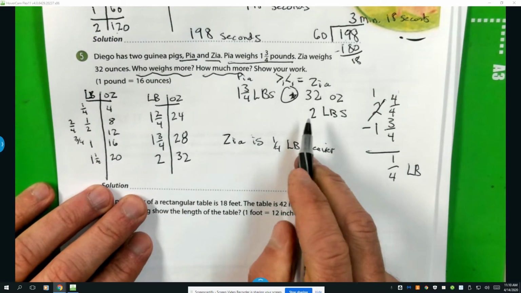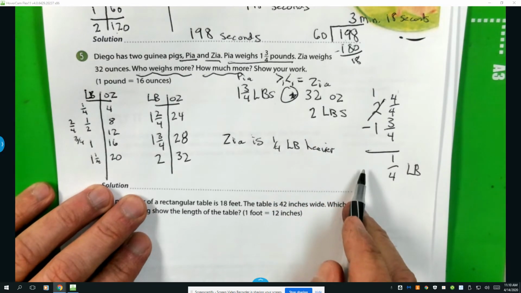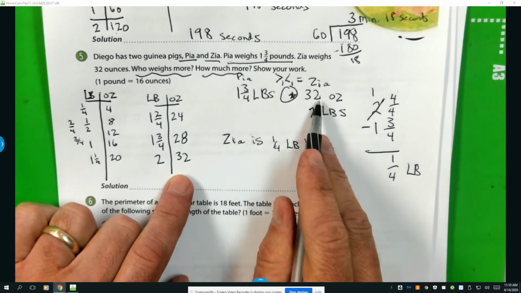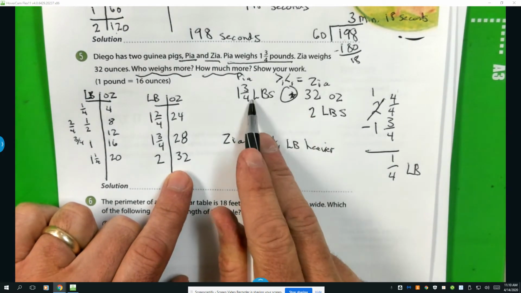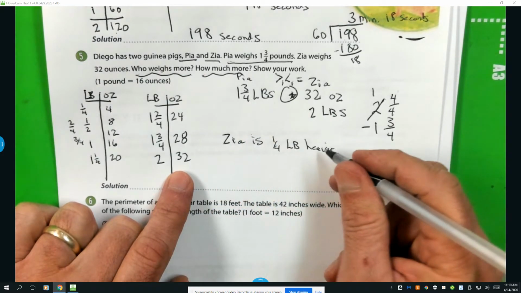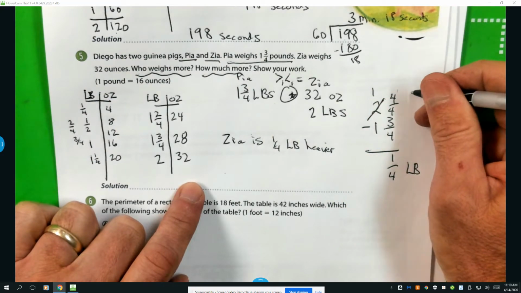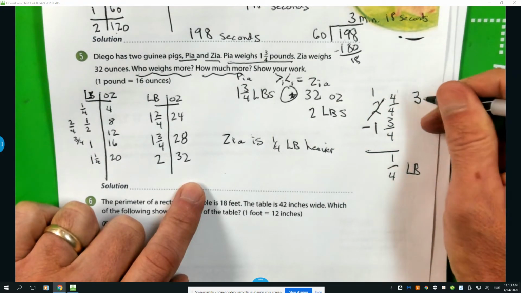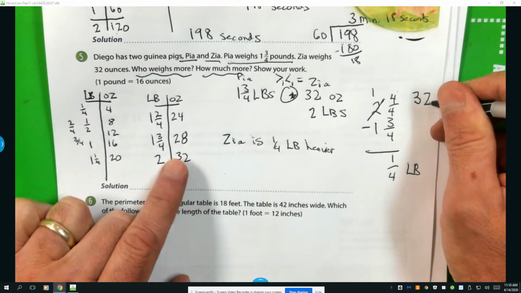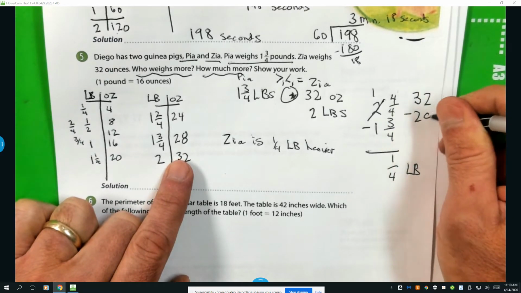Okay, now if I wanted to do it in ounces, it would just be 32 ounces, 28 ounces. So it would be the same thing. I would take 32 minus 28.